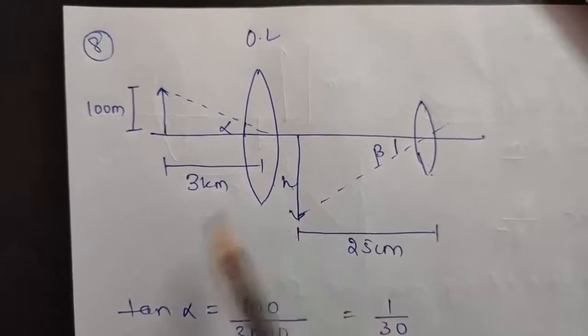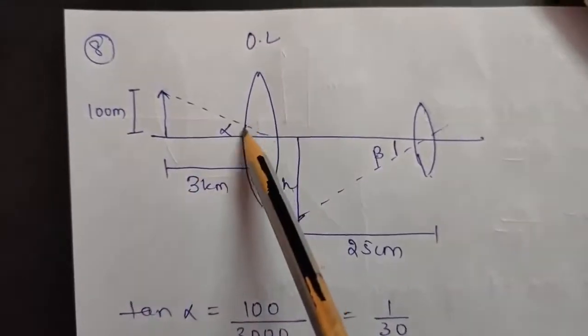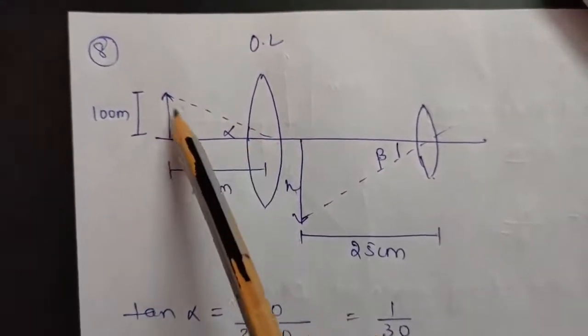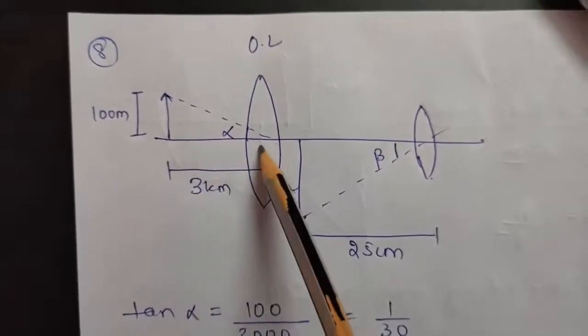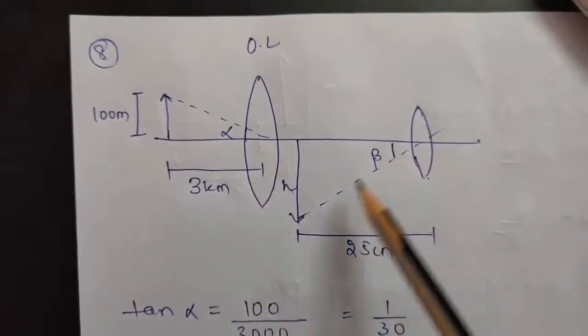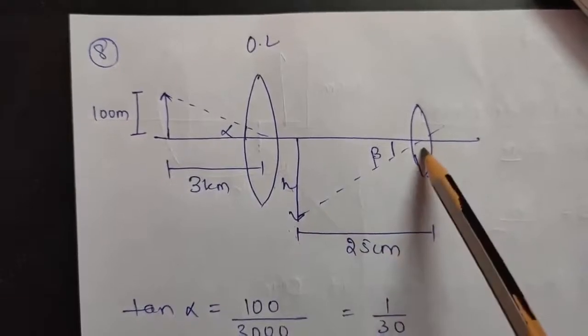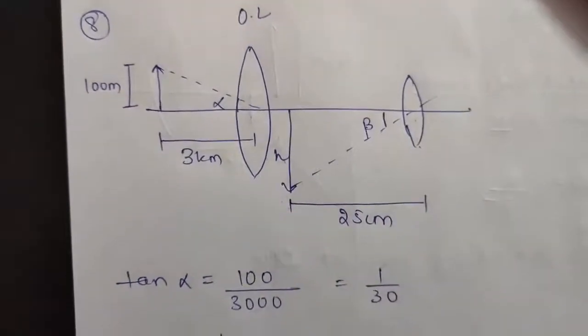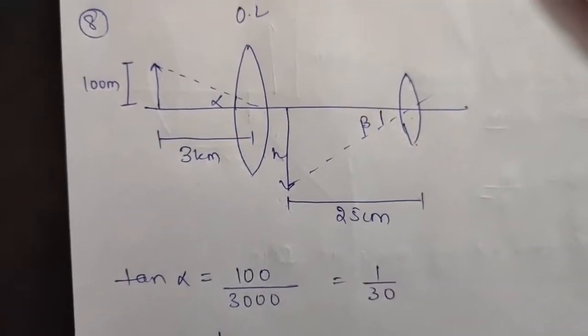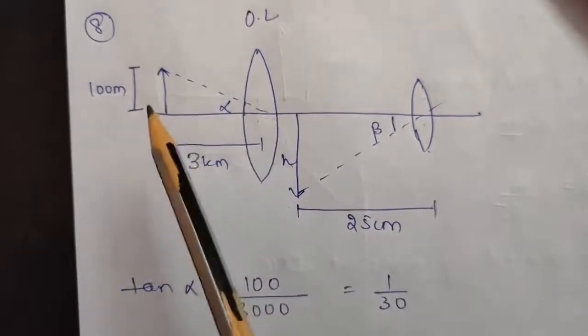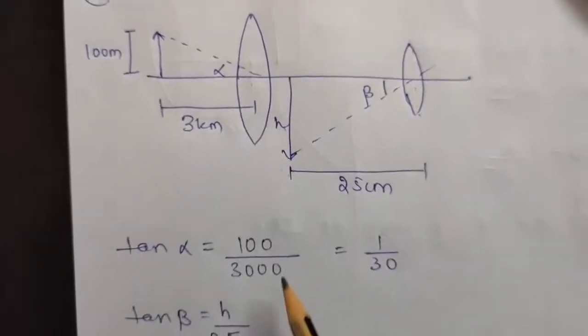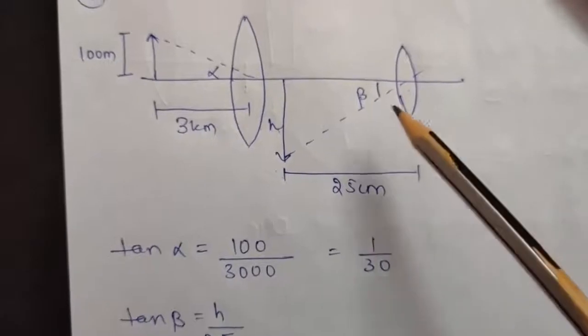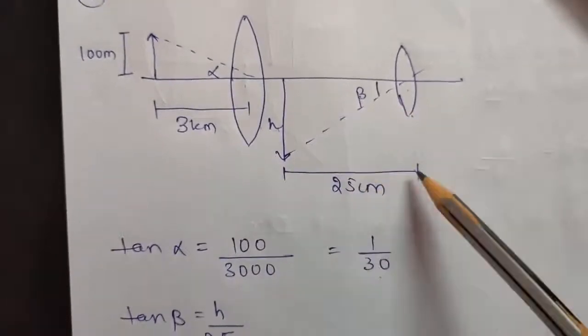You have to calculate this h only. From your theory lectures, you know this angle is alpha, which your object subtends at the objective lens, and this angle is beta, which your image subtends at the eye lens. First of all calculate tangent alpha and tangent beta. Tangent alpha will be 100 upon 3000, that will be 1 by 30. Similarly tangent beta will be h upon 25.